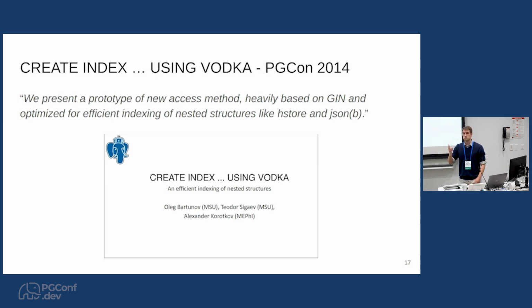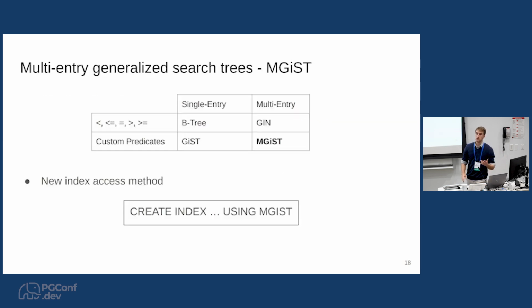They went a little bit different approach than what I did. They started from GIN and modified the B-tree into an SP-GiST-like tree. And I did the other approach. I started from GiST and added GIN-like capabilities, but they are somewhat equivalent techniques.